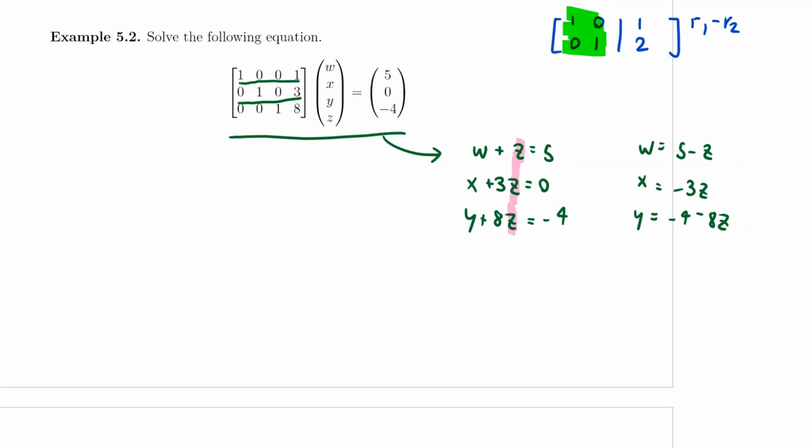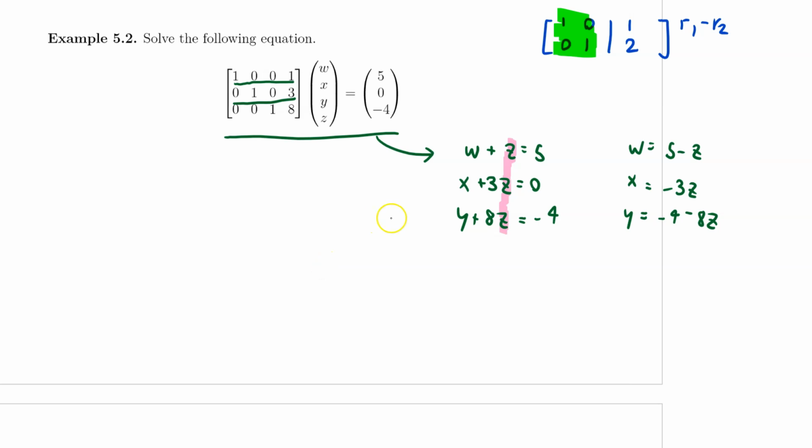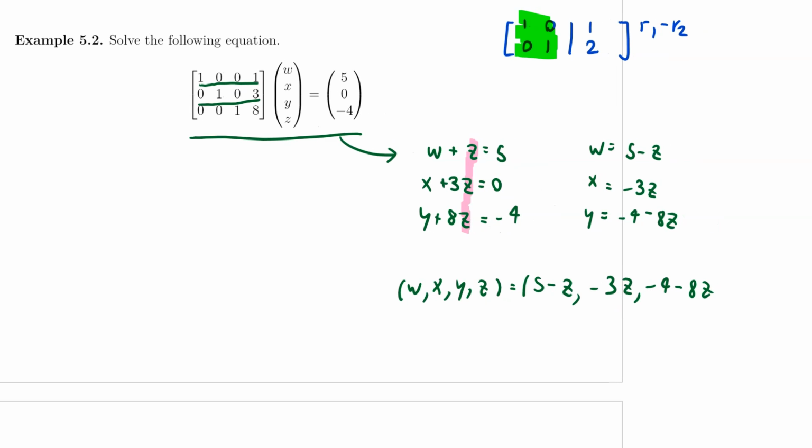So if I write out the general solutions to this matrix equation, w, x, y, z equals 5 minus z, then negative 3z, then negative 4 minus 8z, and z can be anything.